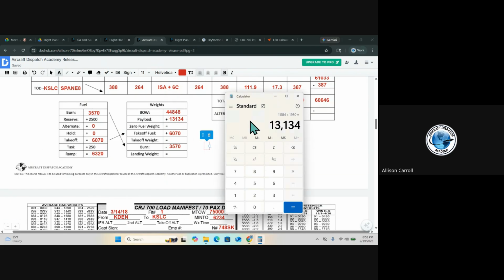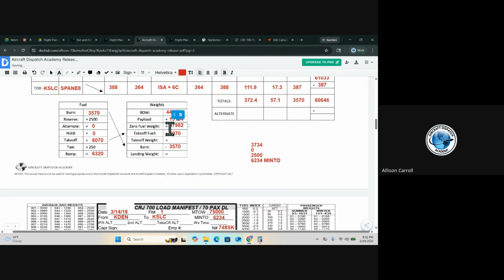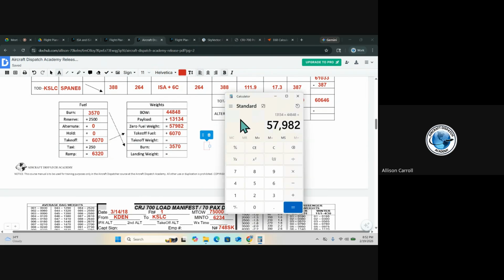Now, when you add those two together, it should equal out to your zero fuel weight, 57982, which it does. All right, now we are going to add our actual Minto. That's 6070. So our actual takeoff weight is 64,052.